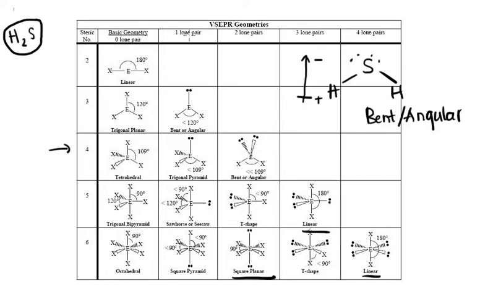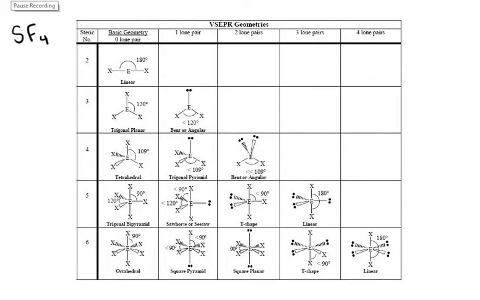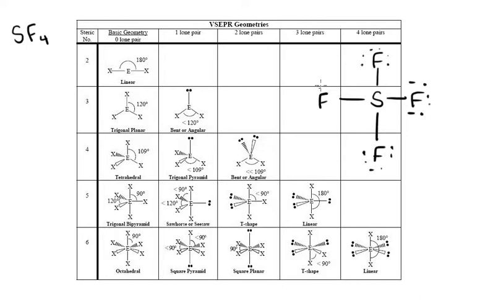So let's do another example. Our next example here is sulfur tetrafluoride. So again, another good starting point is to draw a Lewis structure. So let's do that. We're not done yet.